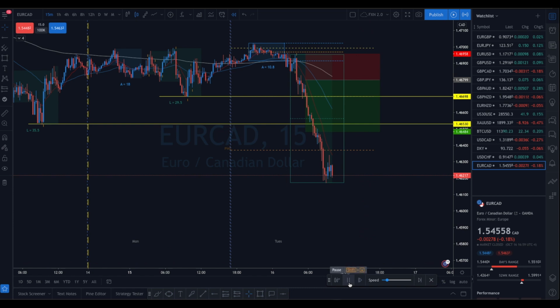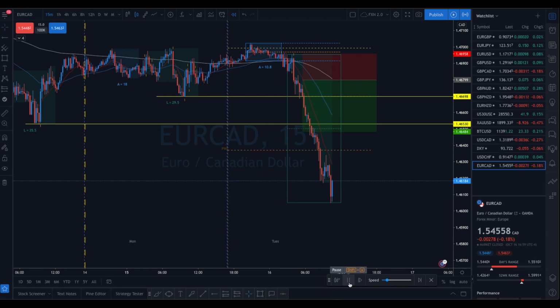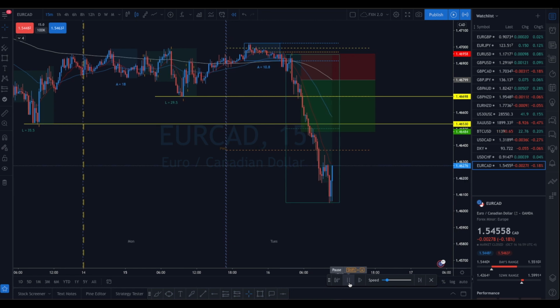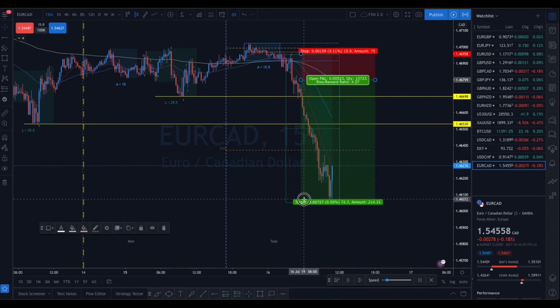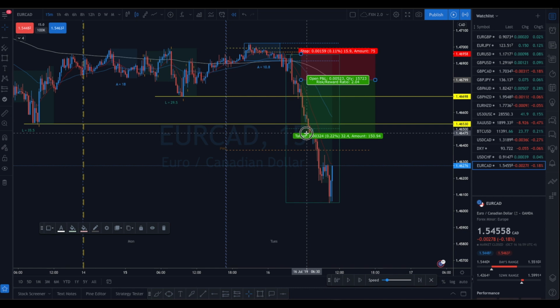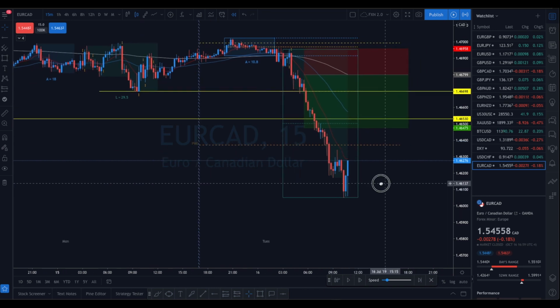I think we may have found the bottom here. No. Okay, so it went all the way, around 70 pips or so. So well over our 2-to-1 on that one. Nice trade setup there.